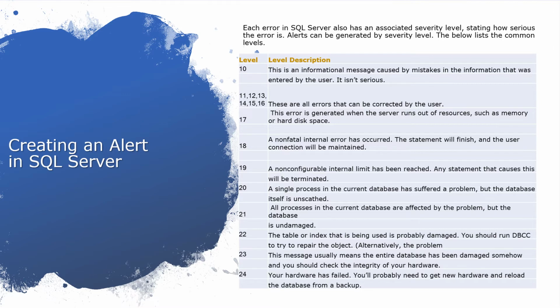You should run DBCC to try to repair the object. 23: this message usually means the entire database has been damaged somehow and you should check the integrity of your hardware. 24: your hardware has failed. You will probably need to get new hardware and reload the database from a backup.